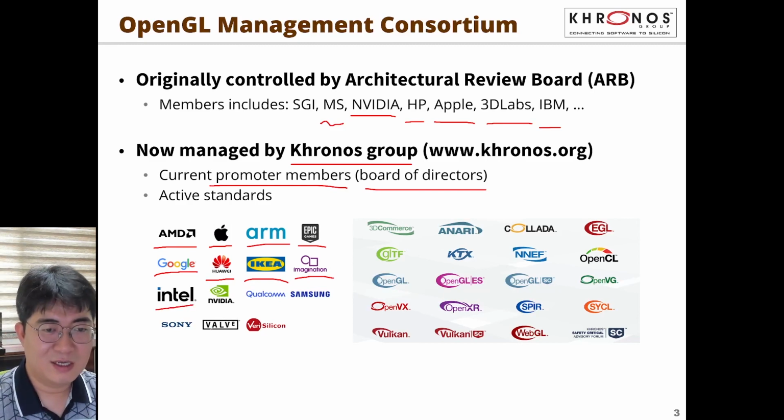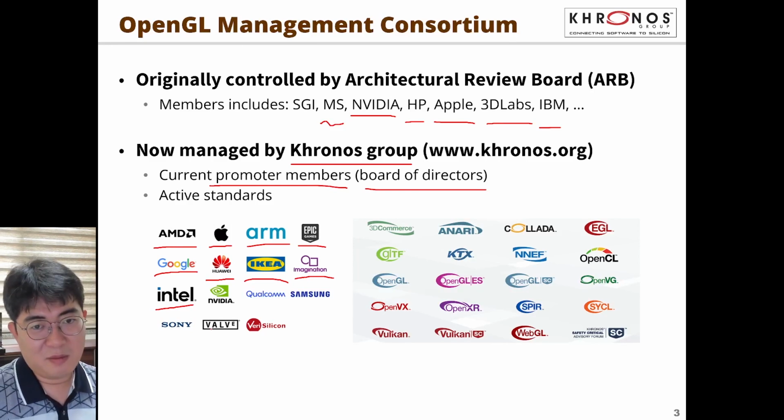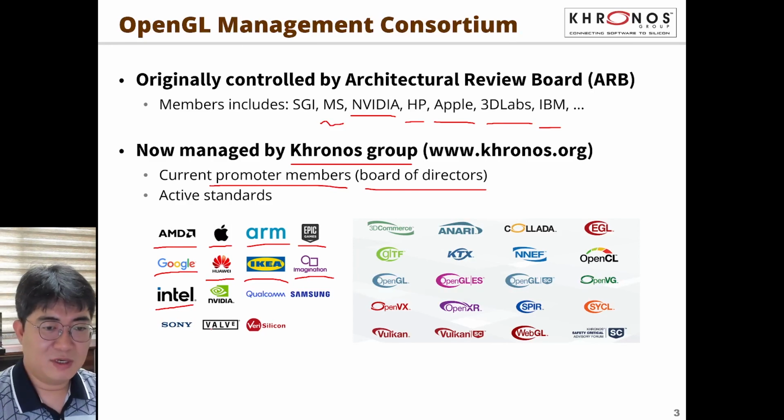Intel's mainstream business is making CPUs, but they also make GPUs; for quite a long time they have tried to make built-in GPUs. And NVIDIA, definitely everybody knows, is the most influential company in the GPU world and also the graphics community.